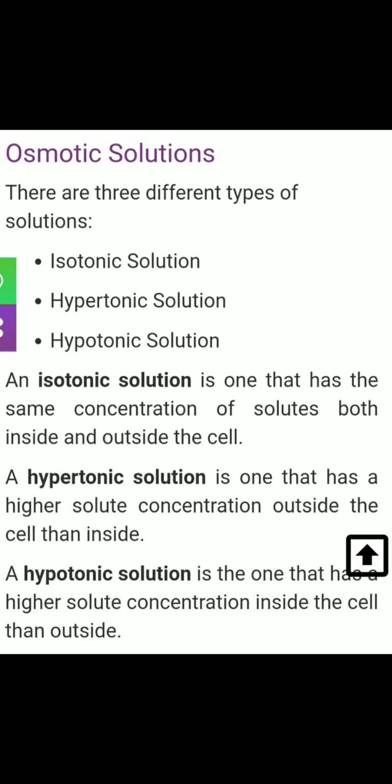In a hypertonic solution, the concentration of solute is high outside the membrane and less inside the cell. That's why solvent from inside the cell releases out to the outside of the membrane.